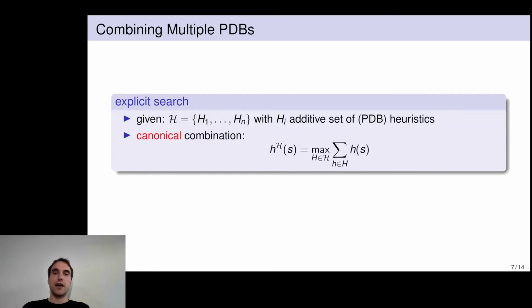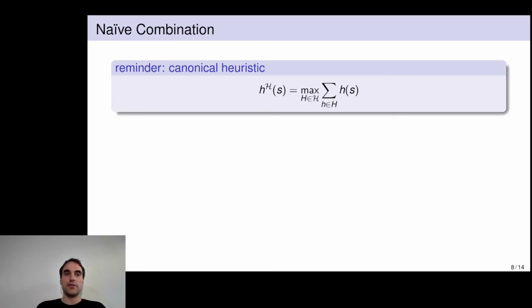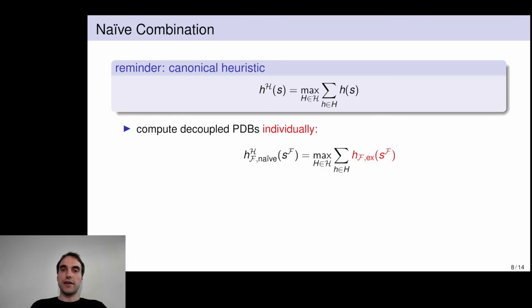Now the question is, how can we transfer this to decoupled search? In our first attempt, we tried the naive way, which we call the naive combination. So by looking at the canonical heuristic, we thought, well, we just figured out how we can compute a single PDB heuristic. Can we not simply plug this in where we compute a heuristic here?